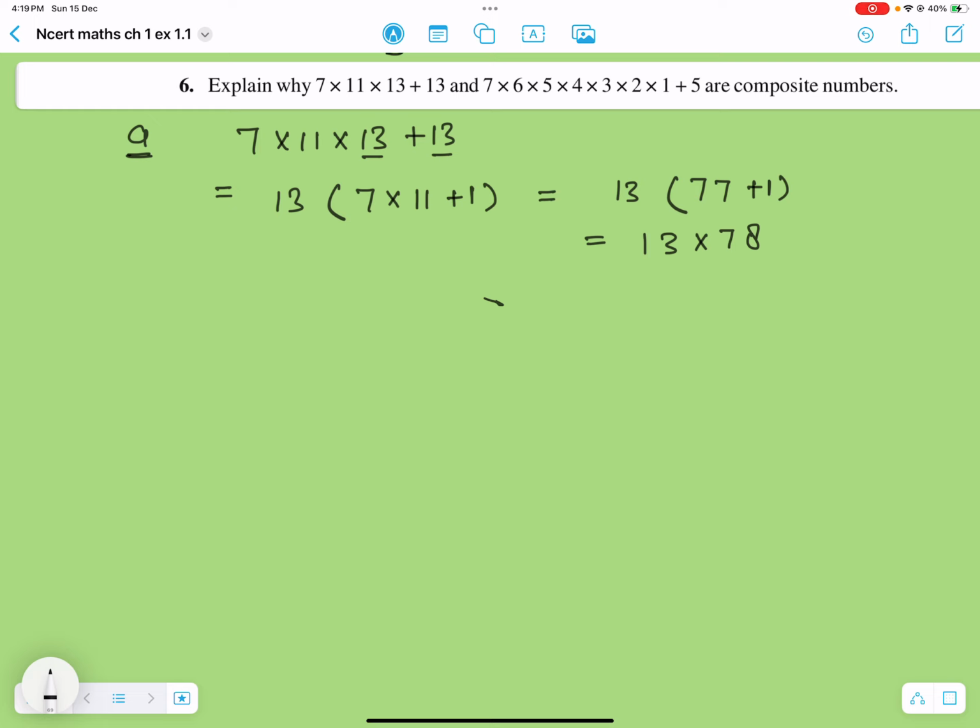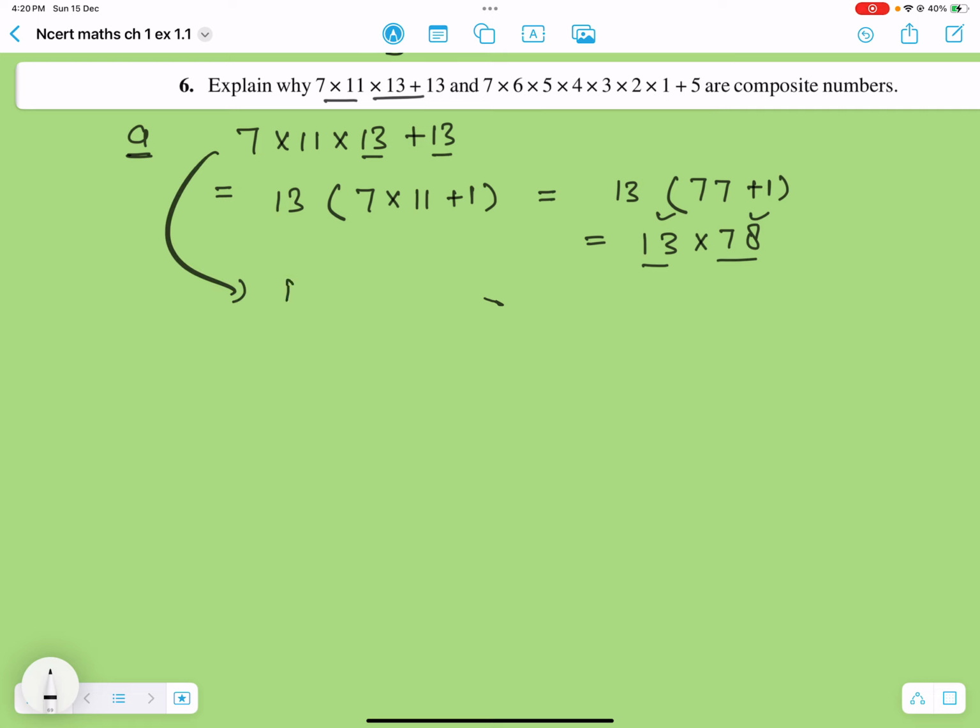If you look, this number has more factors than 1, and all the books say that if a number has more than one factor, then that number is a composite number. It has more than one factor, 13 and 78. So you can clearly say, since 13 and 78 are both greater than 1 and the expression is a product of these two numbers, this expression is a composite number.